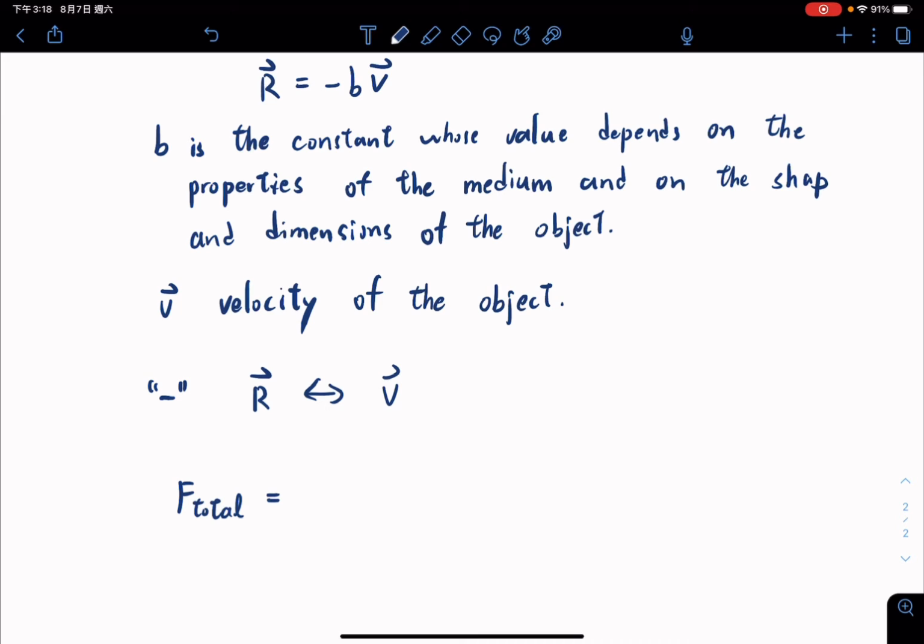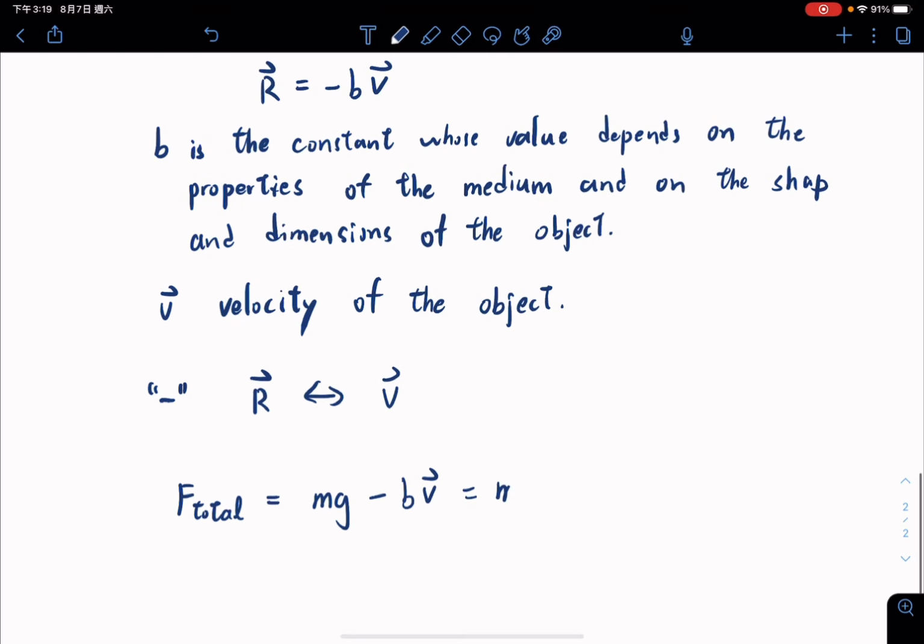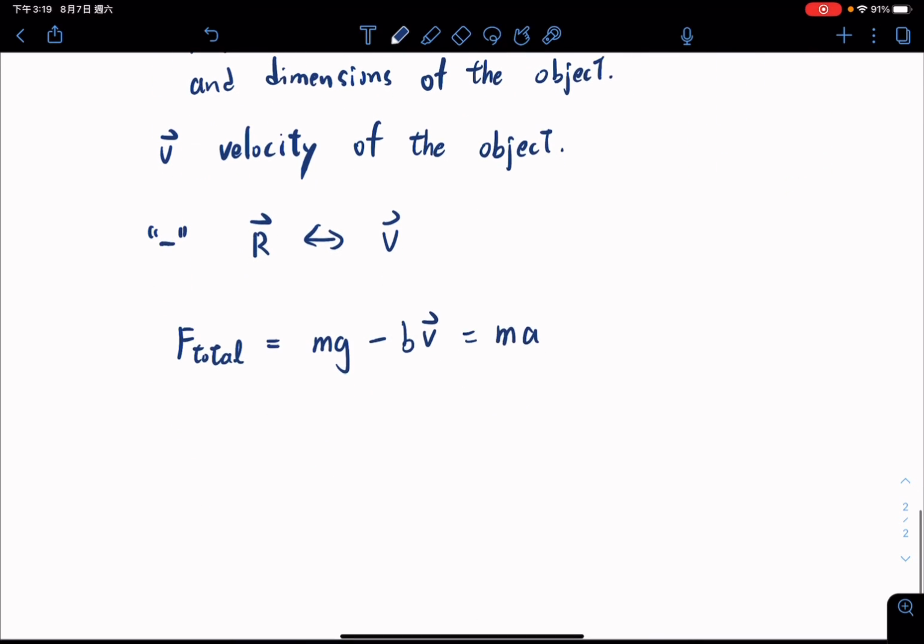If we define the downward direction as the positive direction, we can say F total is equal to mg minus bv, and it must be equal to ma.